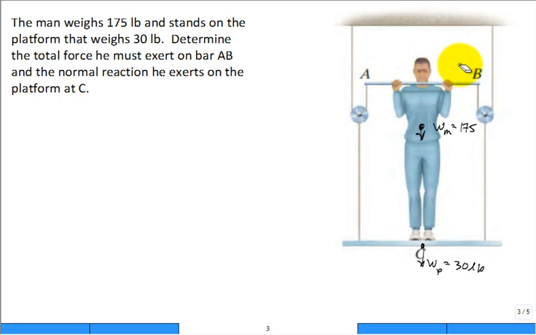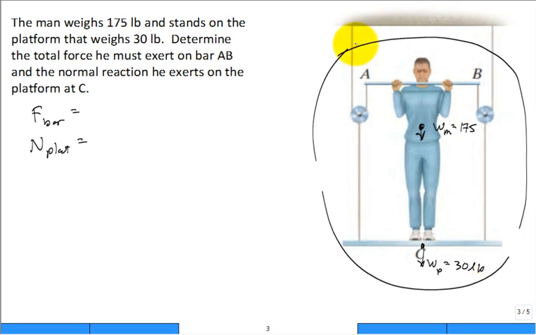Okay. So if you come up and you want to do the same thing, what is the force that the man exerts on the bar? Man on the bar, we want to find that. And then the normal force on the platform that he exerts. Well, do the free body diagram of the whole system right here. What is the tension in this cable and the tension in that cable? T1. Pardon? Aren't they the same?